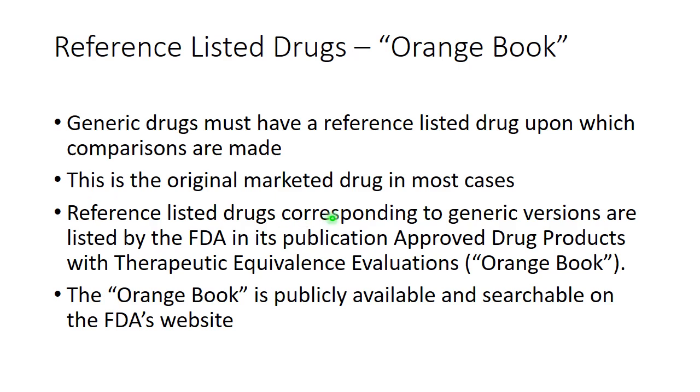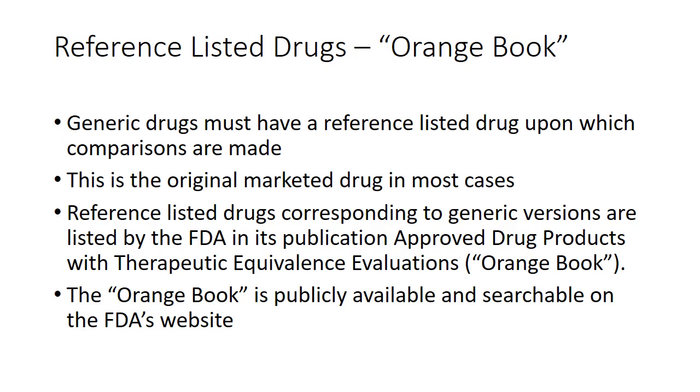Reference listed drugs corresponding to generic versions are listed by the FDA in its publication. Technically, it's called the Approved Drug Products with Therapeutic Equivalence Evaluations. That's the Orange Book. So technically, that's the actual name of it, the long name there. The Orange Book is publicly available and searchable on the FDA's website.